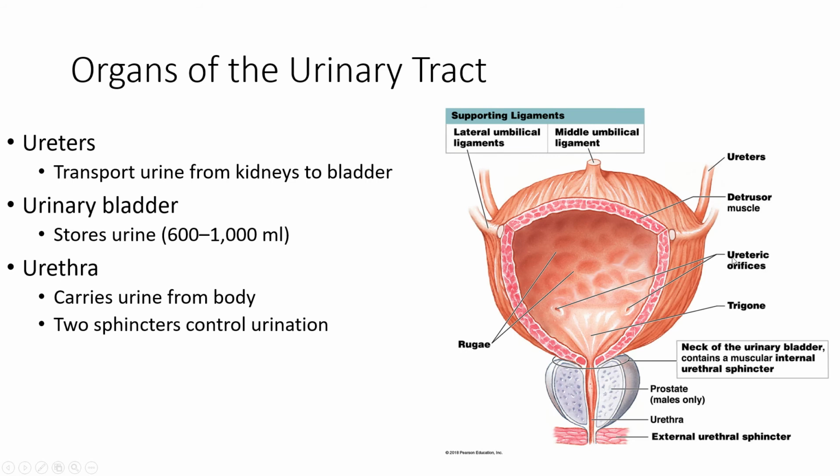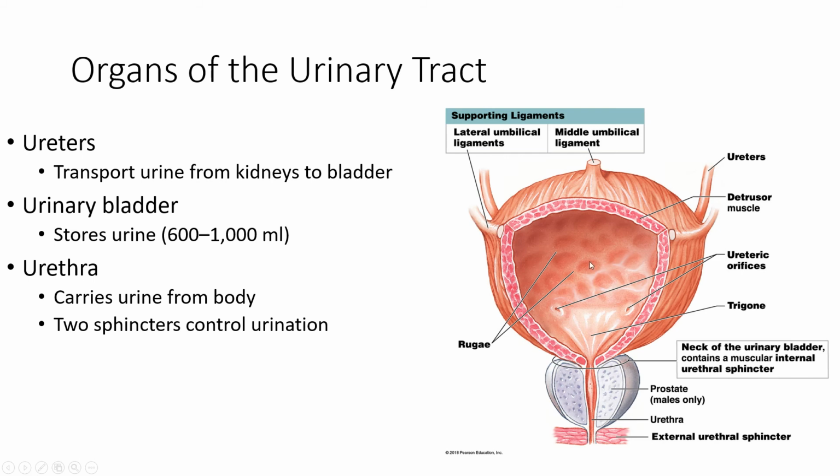You also have a fibrous adventitia, which is on the superior surface of the bladder. The bladder is also supported by the lateral umbilical ligaments. So here's one right here and another one right here, and the middle umbilical ligament.